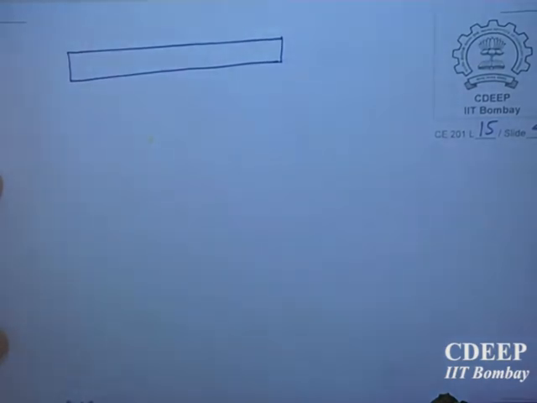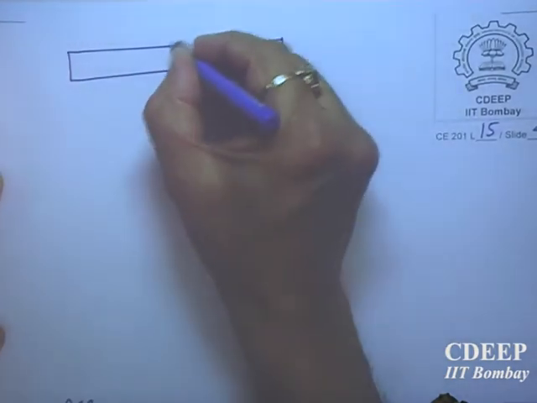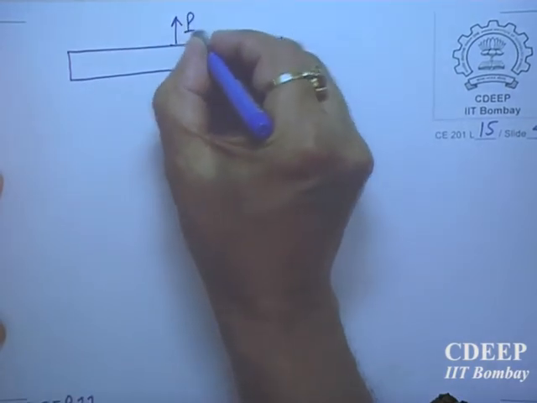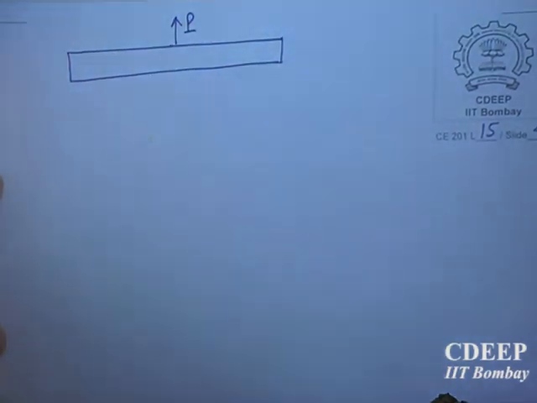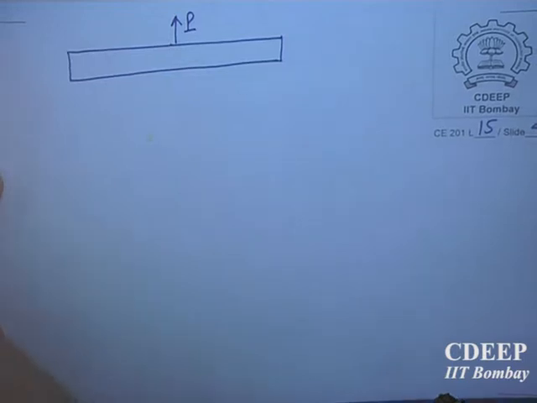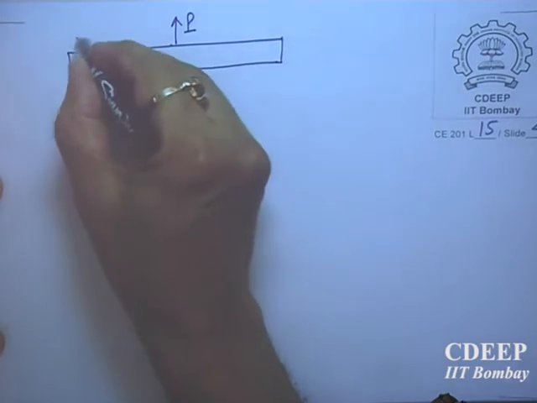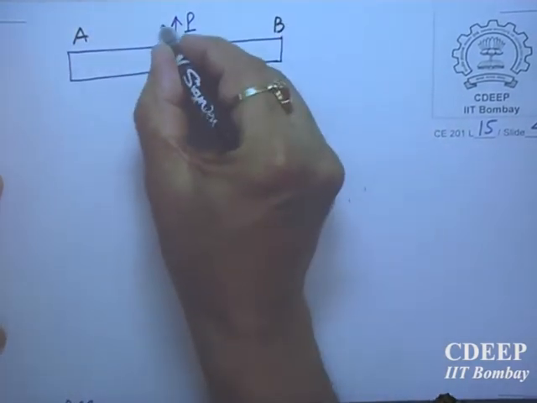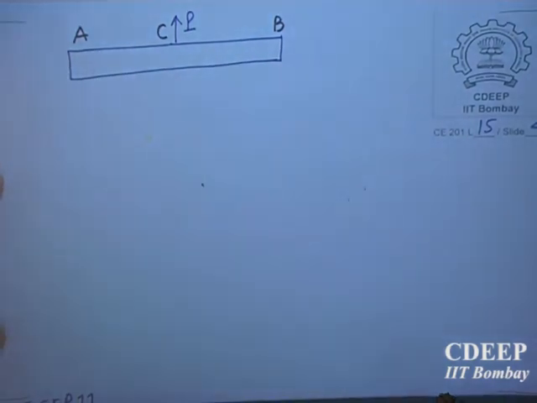Free body diagram. This was in center, I had a P. So now I am drawing the free body diagram. So there will be some reactions. Now this point is, let us say A, this is B, and this one is C, where you have applied load.